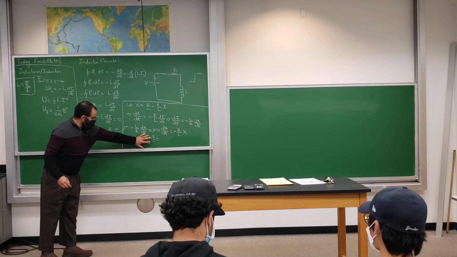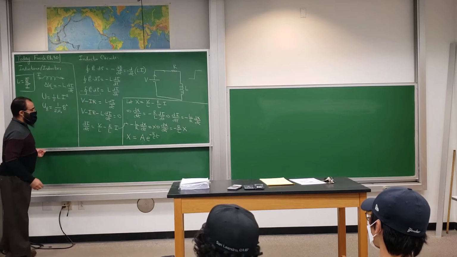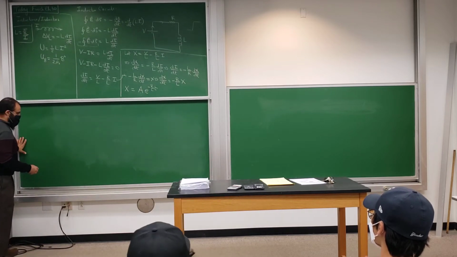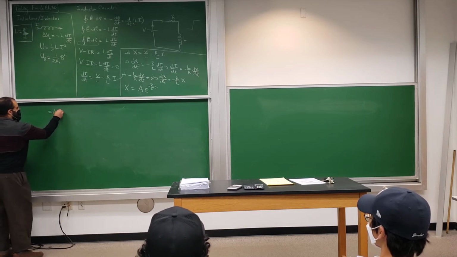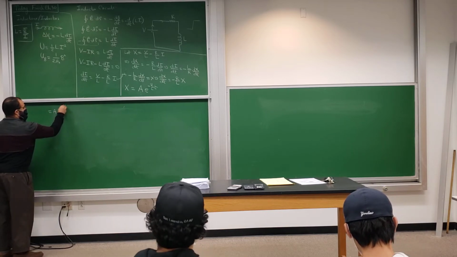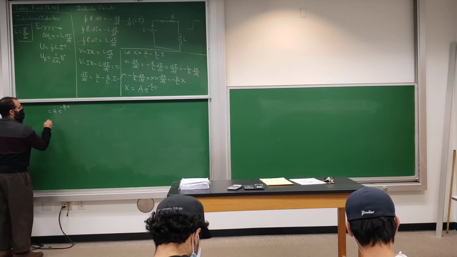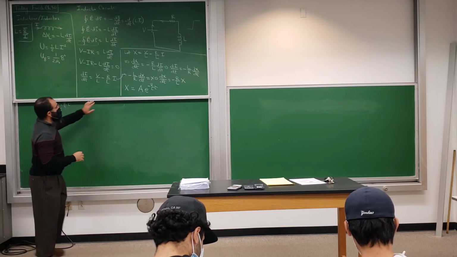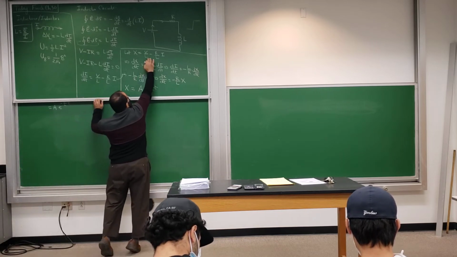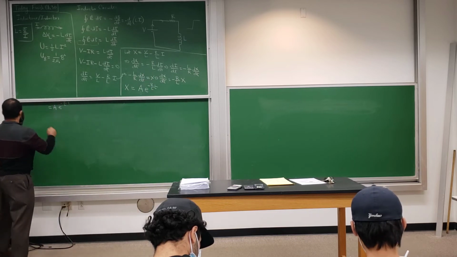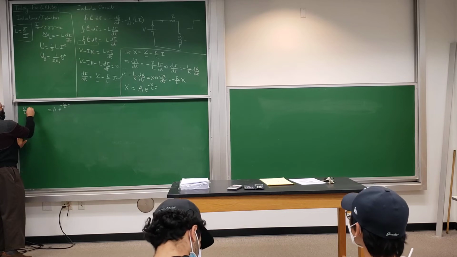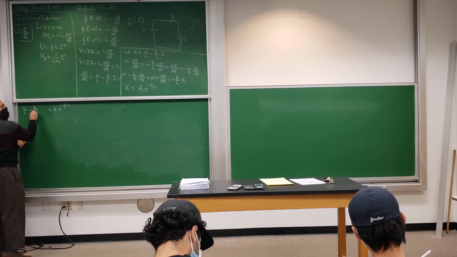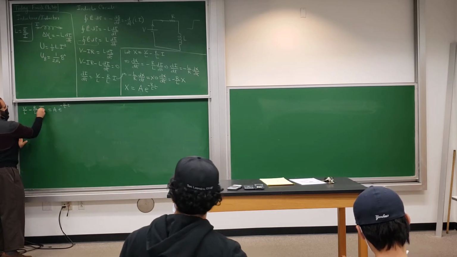On the right hand side, I have A e to the minus R over L times t. On the left side, I have x, but x is V over L minus R over L times the current.